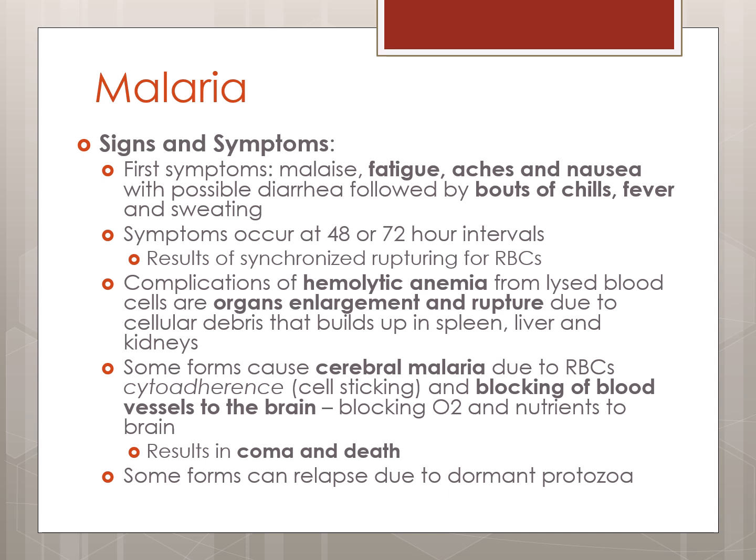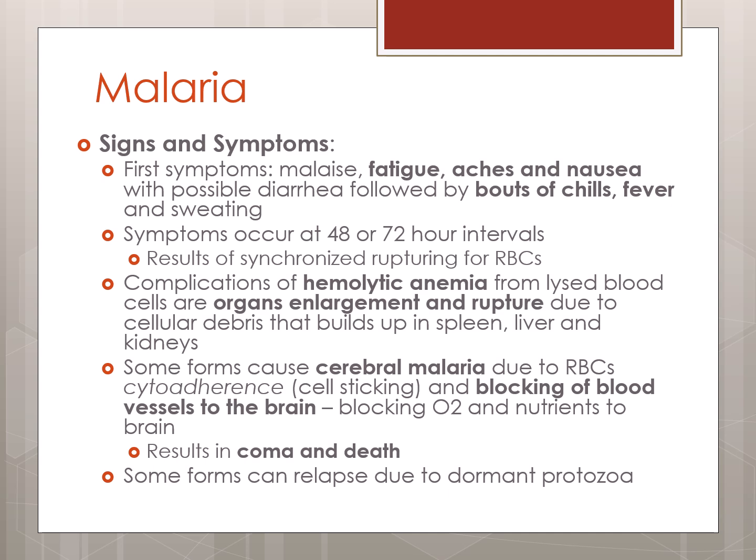So we might see the enlargement of like the spleen, liver, possibly the kidneys, because they're just getting clogged up with all of these shrapnel of red blood cells when the protozoan explodes out of them. Now, kind of further symptoms can be anemia because the red blood cells are being destroyed, going hand in hand with that enlargement of those filtering organs.